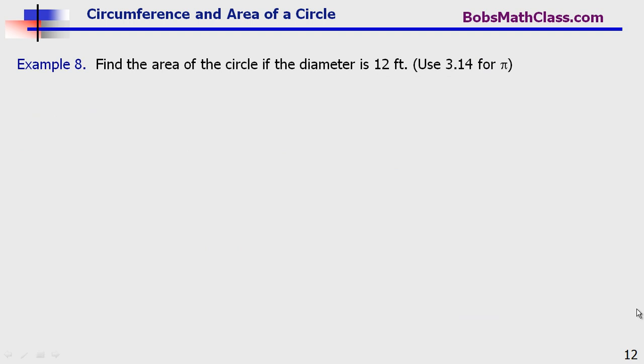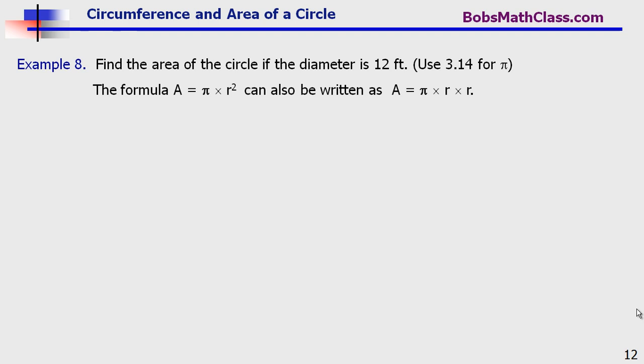Okay, this looks like our last problem here. Find the area of the circle if the diameter is 12 feet. Okay, write down our formula. Now, we don't have r, do we? We have the diameter. So how are we going to find r?